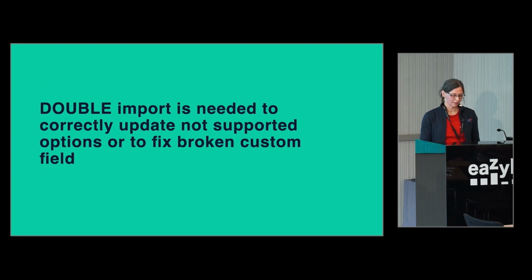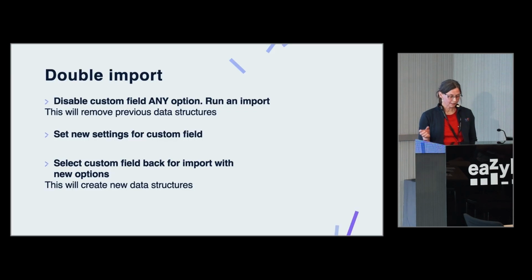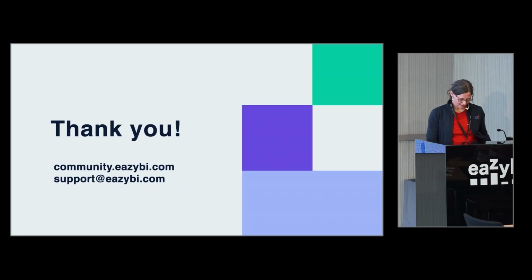In those cases, a double import is needed. That means you disable the custom field with any options, run an import, which will remove previous structures and set new settings, and then select it back and import again. This will create new data structures. Typically this is how you fix problems with the field. So, thank you.